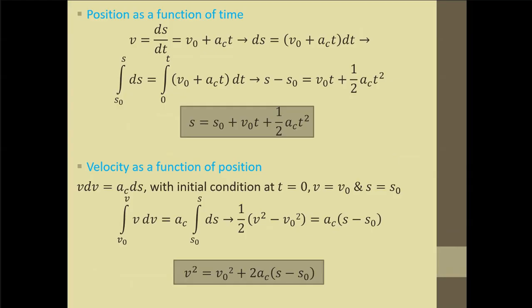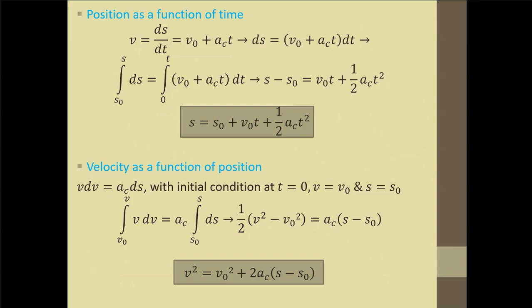Initial condition: when time is 0, initial velocity is v0, and initial position is given by s of 0. On the left-hand side we have only the v variable, whereas on the right-hand side we have only the s variable. Already, the v and s variables are completely separated.